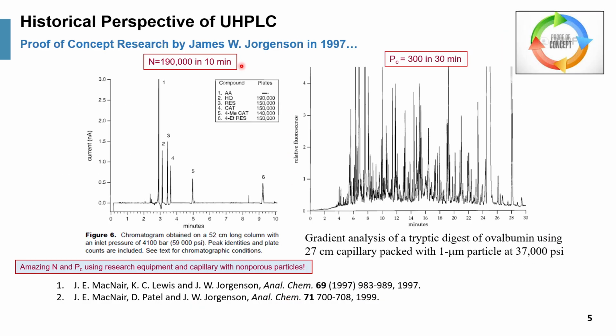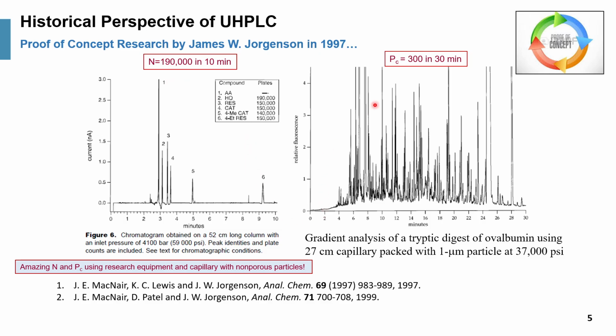Here are the publications in Analytical Chemistry in 1997 and 1999, published by Professor James W. Jorgenson and his graduate students. Right away, one can see an outrageously impressive performance: a plate count of 190,000 plates in about 10 minutes, which is definitely record-breaking.